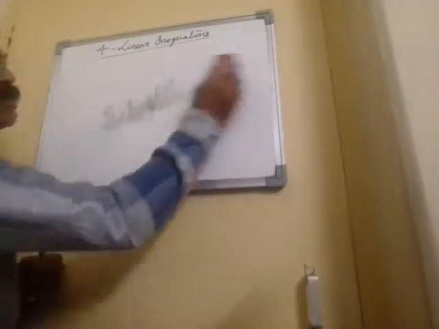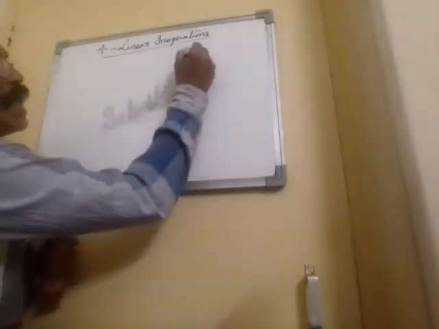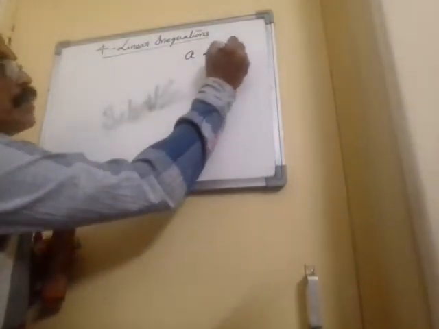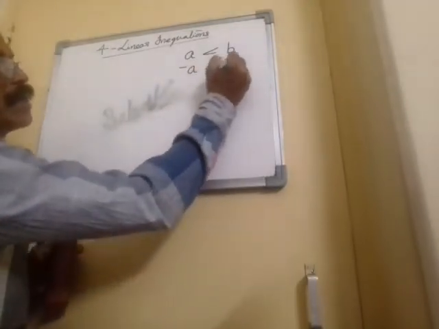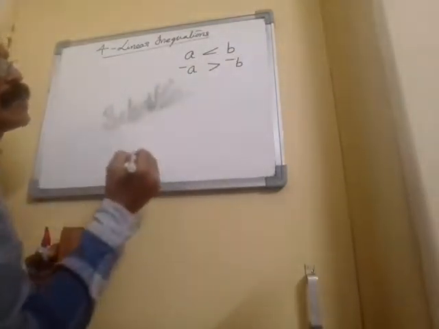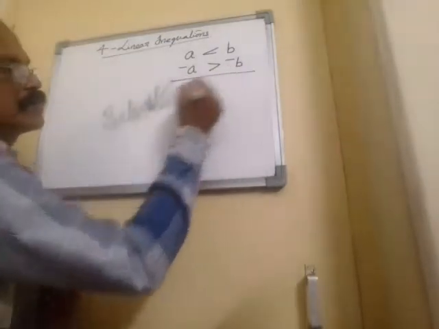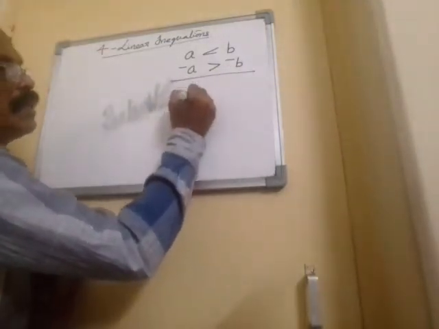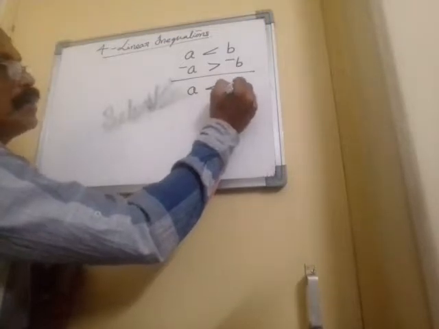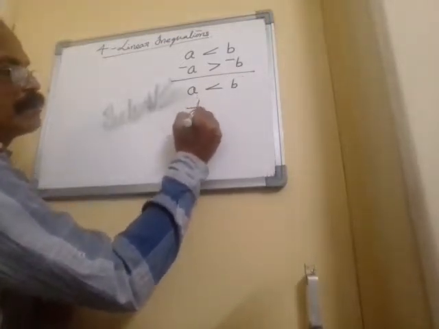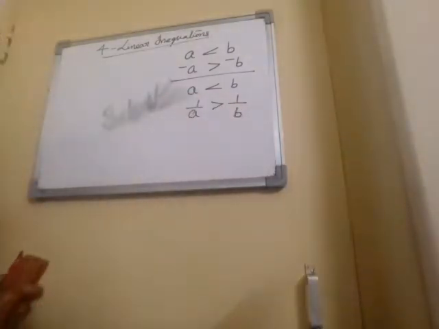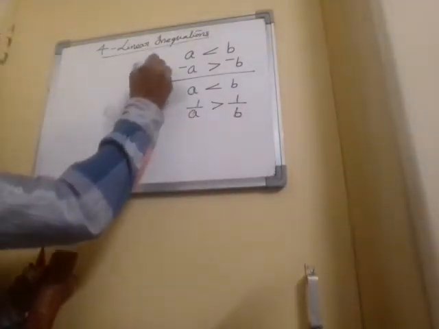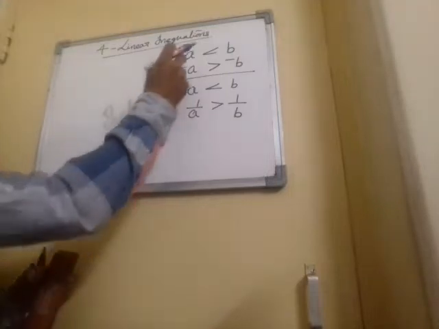You can note it. Suppose A less than B, then minus A greater than minus B. The second property is A less than B, then 1 by A greater than 1 by B. This is property 1 and this is property 2.